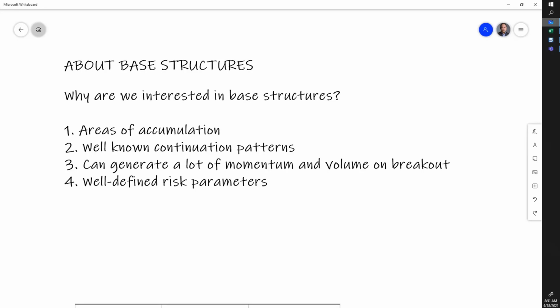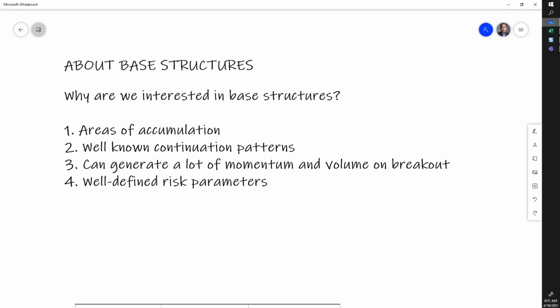Alam mo kagad if the base structure breakout, or kunyari if you front run the breakout and you're trying to trade into a cheap signal, alam mo kagad na mali kagad yung trade, or na mag-fail kagad yung base structure na tinitingnan mo. Dahil nga well-defined yung understanding and parameters on different types of base structures.